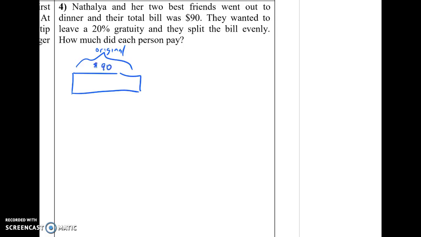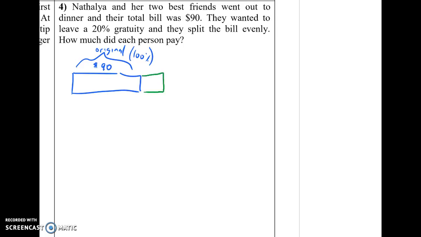All right, so if we were to draw a picture for that, we would start with a total, original total. And our original total was $90, and once again, that is our 100%.